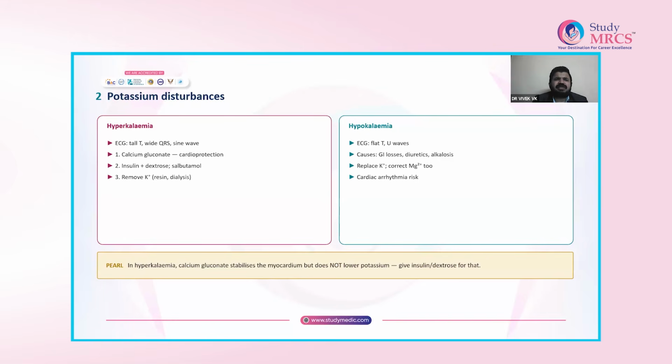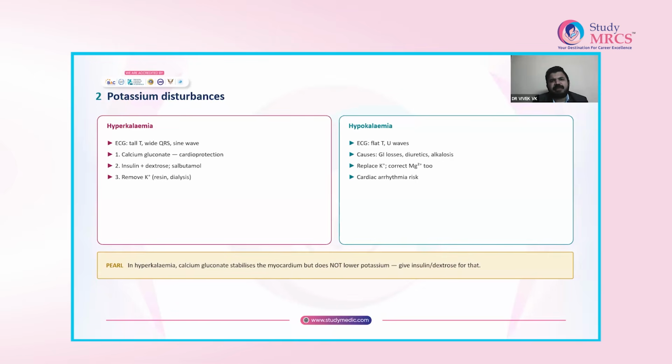These two measures, the insulin along with the dextrose and the salbutamol, will decrease the potassium in the blood. And finally, you can use some resins, or you can consider dialysis, to remove the potassium from the blood.